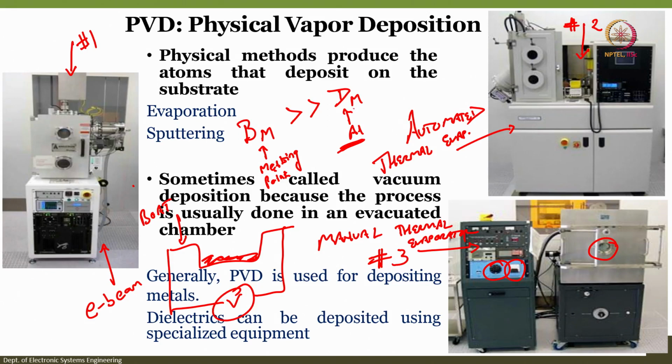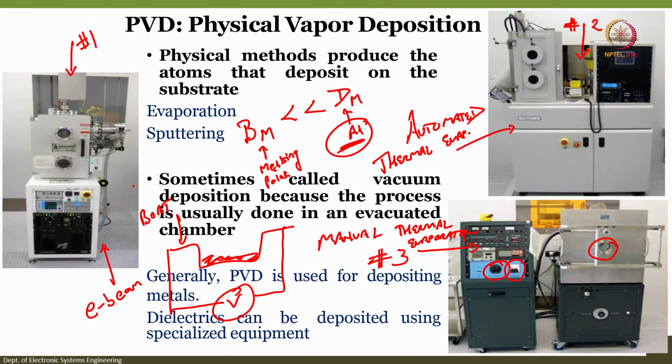And for a material whose melting point is similar to the boat material or way greater than the boat material, thermal evaporation fails. We cannot use thermal evaporation where the melting point of the material we are depositing is way higher than the melting point of the boat material.